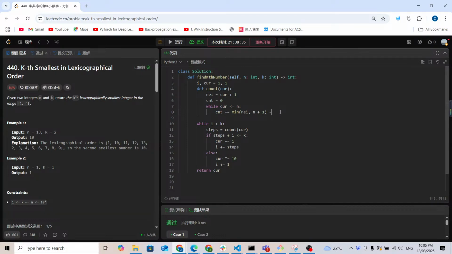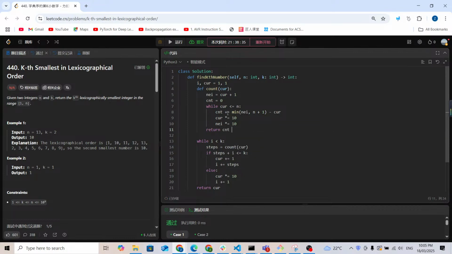So we use the minimum minus the current number. Then we update the current, times 10, and the neighbor times 10 as well. Finally, we return the count.